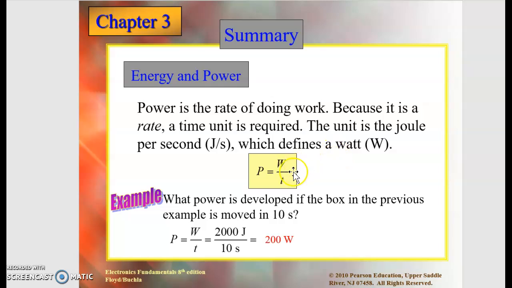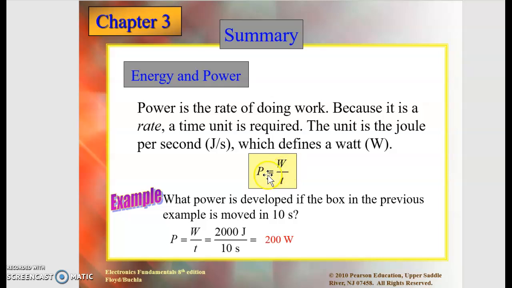So here is where the confusion can start: work, capital W, and watt for the units of power. We are going to use lowercase w for watt and capital W for work. So we write a little distinction there.